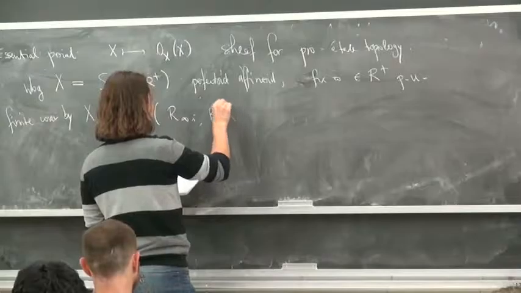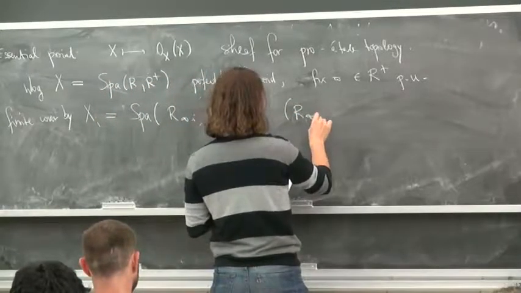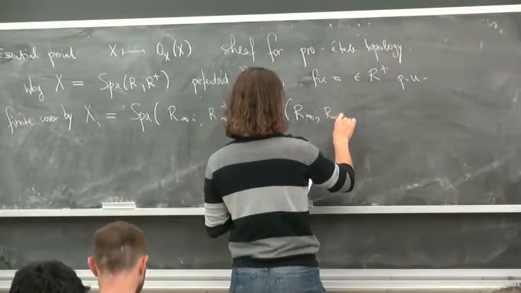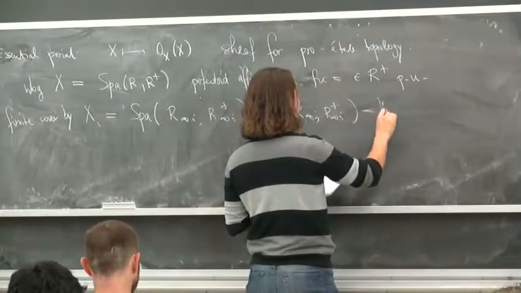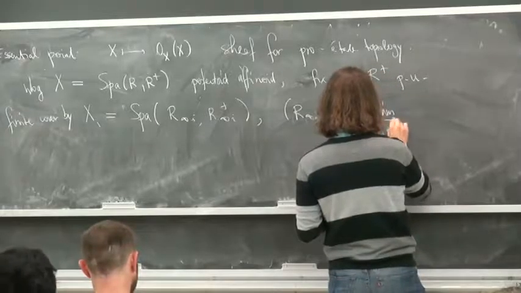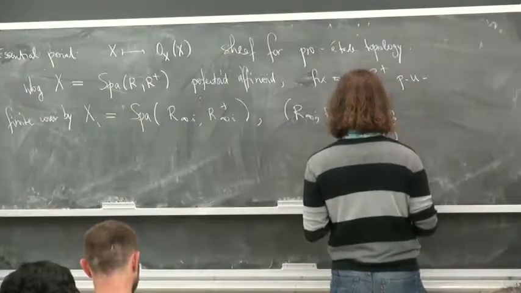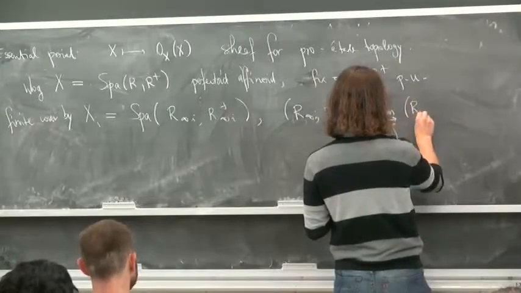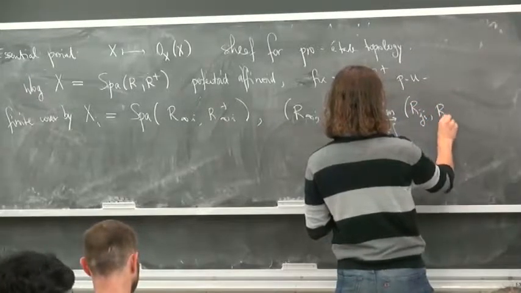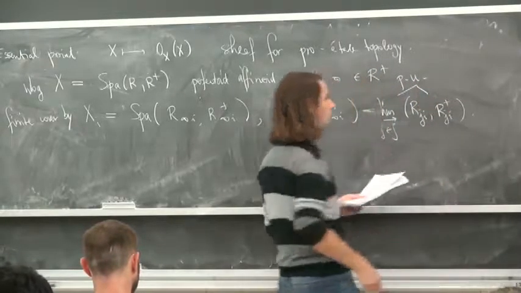You can also make affinoid perfectoid R_{∞,i}, R_{∞,i}^+, where each R_{∞,i}^+ is a completed direct limit of things over some index set, and then complete.